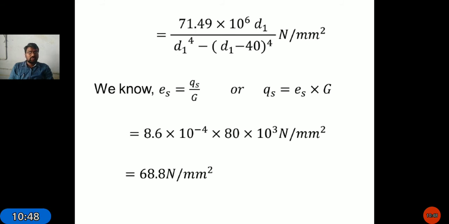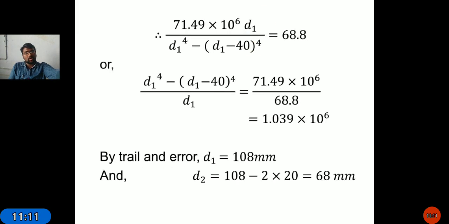Okay, we know that by considering the shear strain, we get the value of Qs as 68.8 Newton per millimeter square. By substituting this value in this equation, we get the value of d1 as 1.039 into 10 power 6 millimeters.